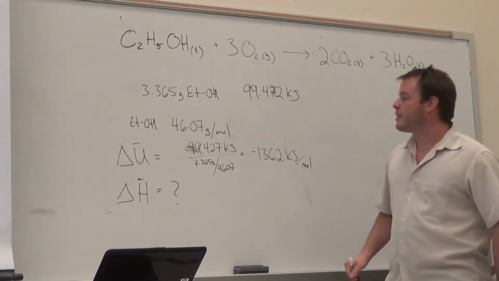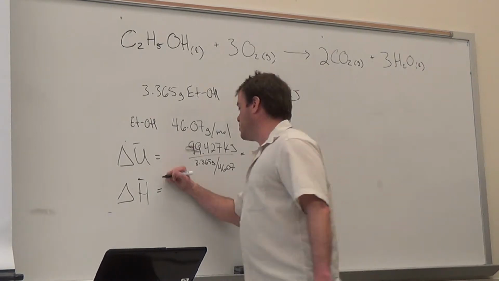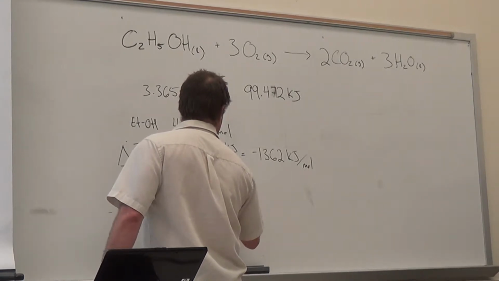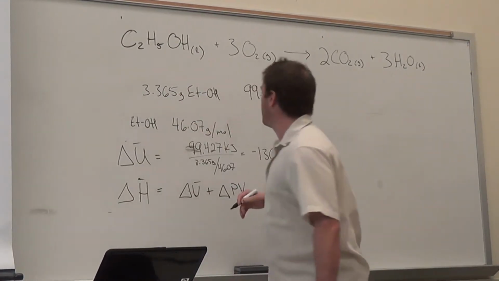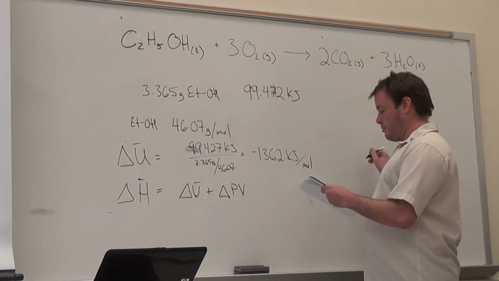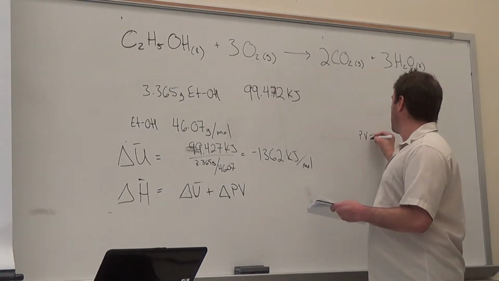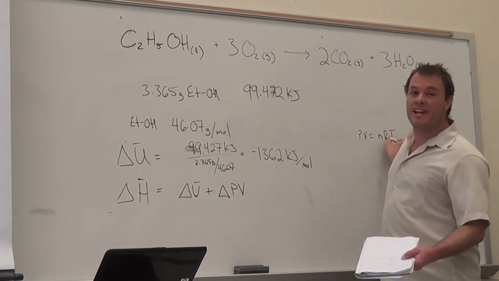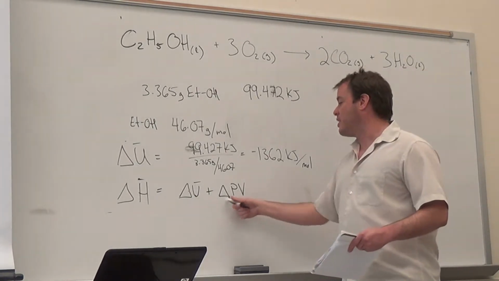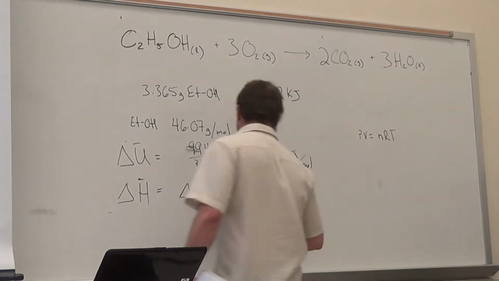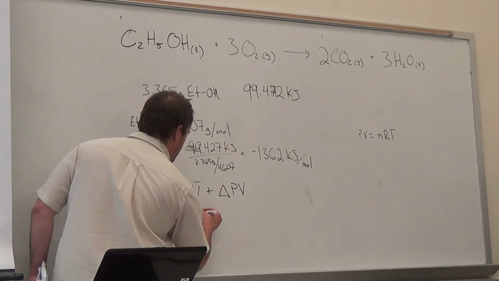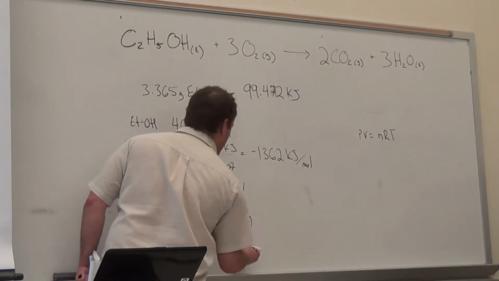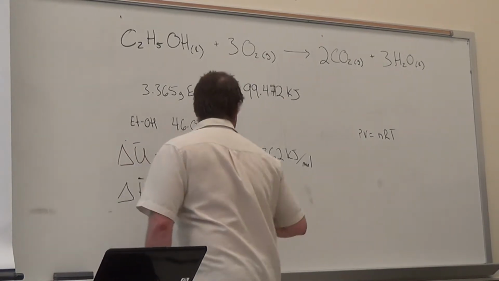We calculate this number. Now delta H is equal to delta U plus delta PV. PV is equal to nRT for gases, and so this delta PV term can be changed to delta n of the gas phase molecules times RT.